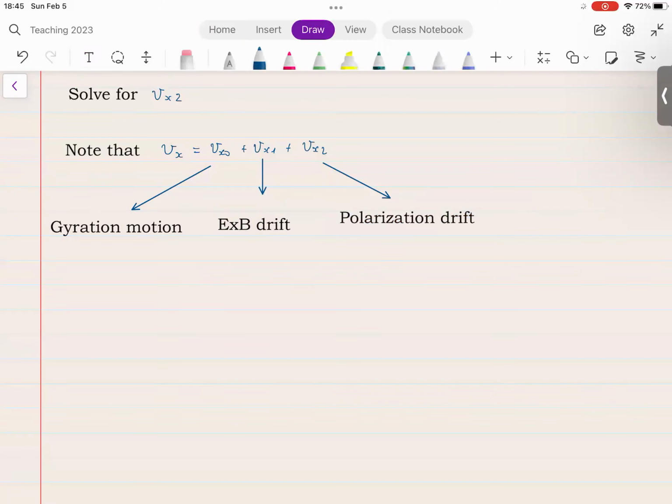Okay, then, but you may see a problem. We're looking for a constant. Well, assuming that the time derivative of the electric field is a constant, we should also obtain a constant velocity in our solution, but we have time derivatives of that solution, that is of v sub x2.